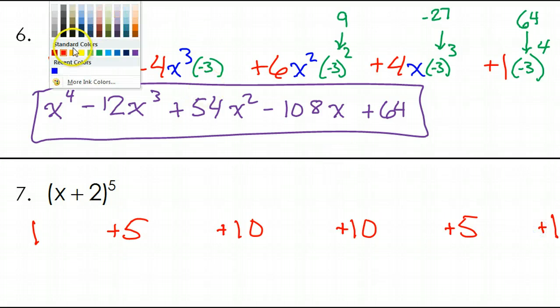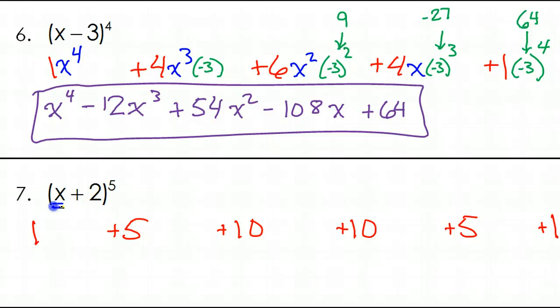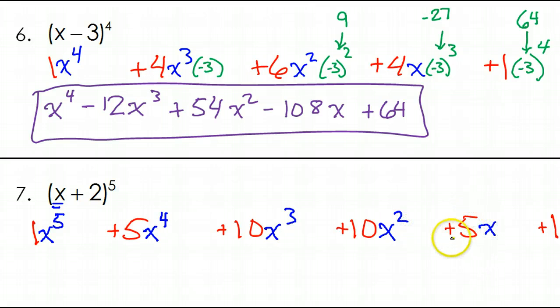The x value is on the left, and the degree is 5. So I will start off with x to the fifth power, and I will decrease: x to the fourth power, x to the third power, x squared, and x. Now I will do the 2. I've got 2 to the fifth power.